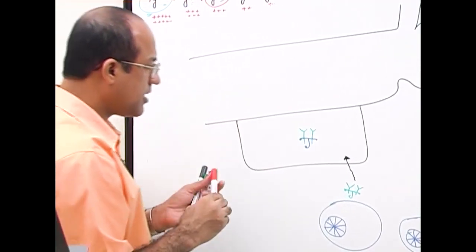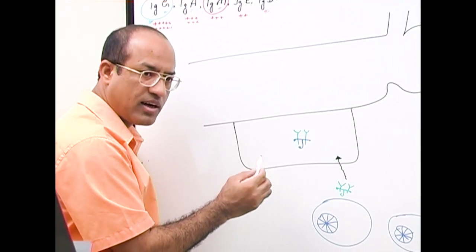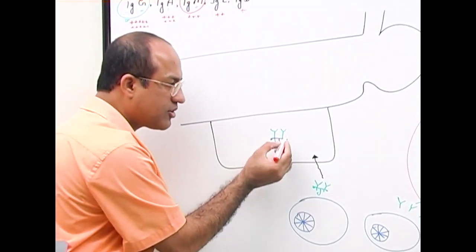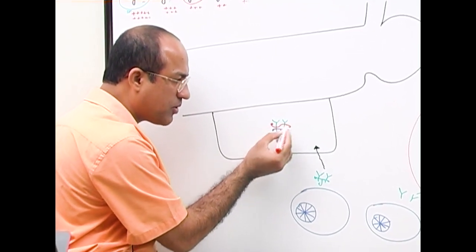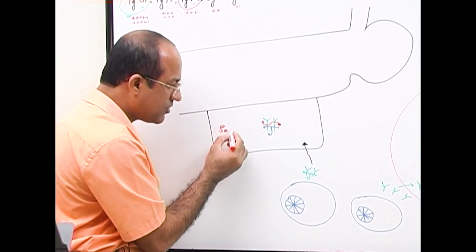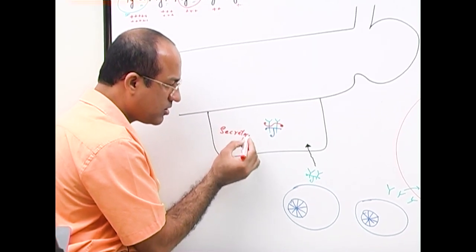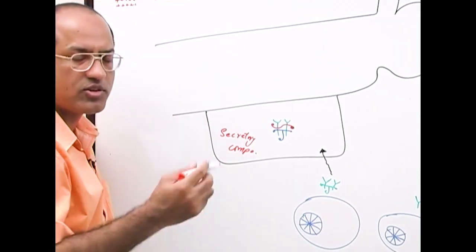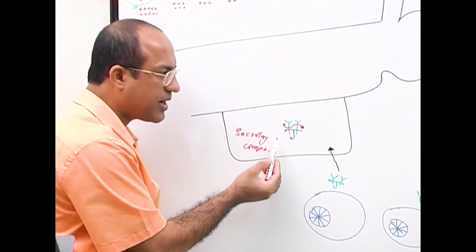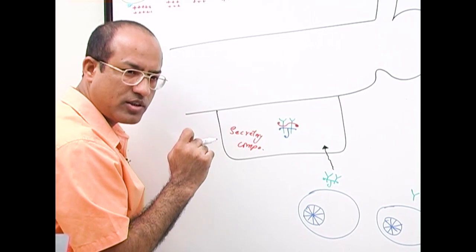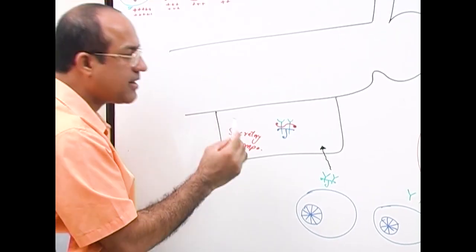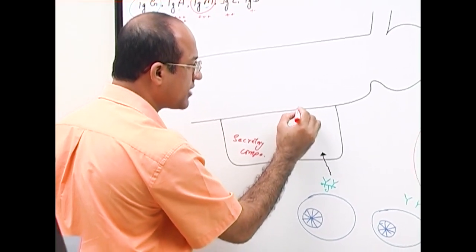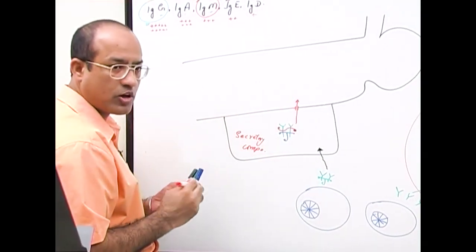Then epithelial cells of the mucosa will produce another protein which is called secretory component, and it also binds with that. Secretory component is a small protein which is synthesized by the mucosal cell, and it binds with the IgA dimers, and then secretory component helps the whole complex to go to the lumen.